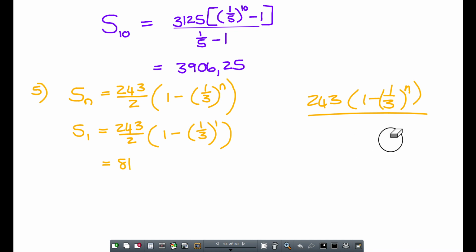Nee. Okay, kom ons kyk gou-gou. Okay, so the sum of 1, if I would go substitute in, wherever I had n, I substitute in 1, dan kry jy, sum of 1 is 81, and the sum of 1 is the same as term 1, so term 1 is 81.